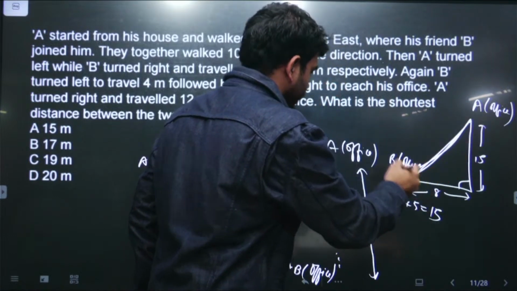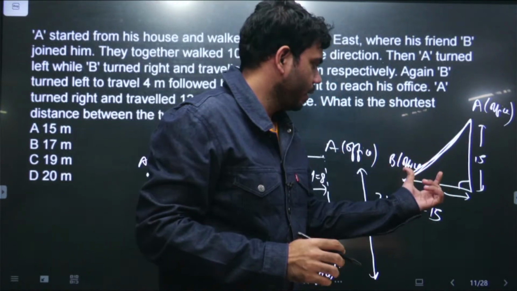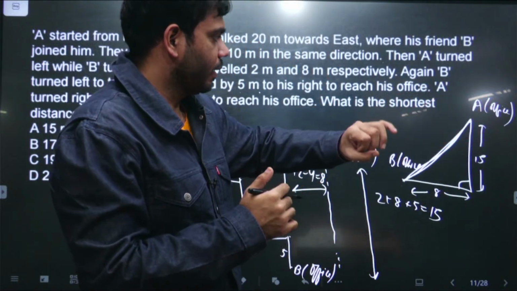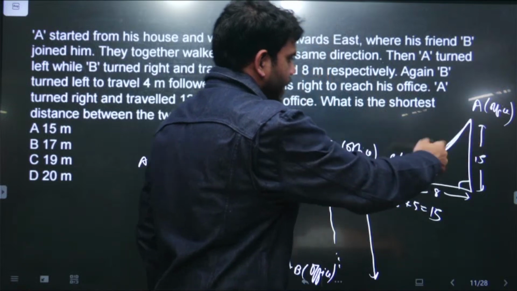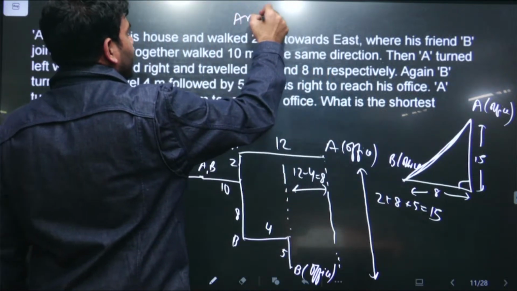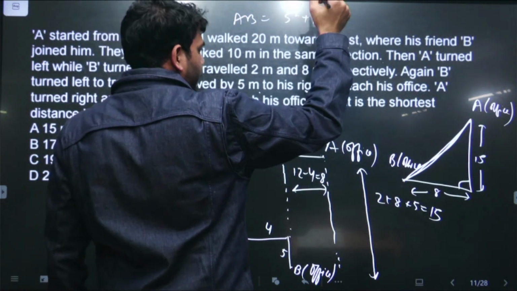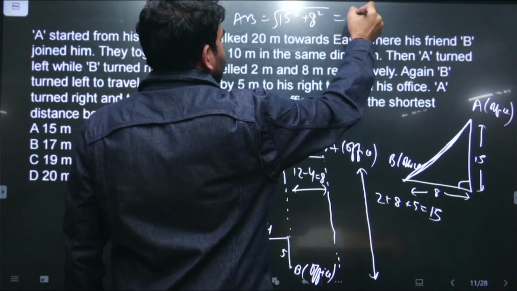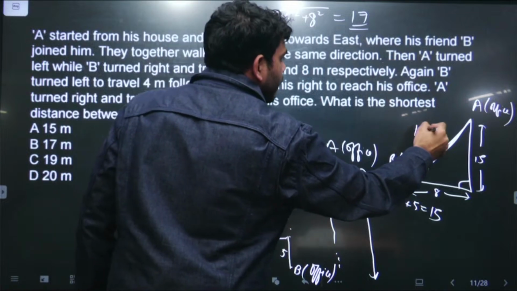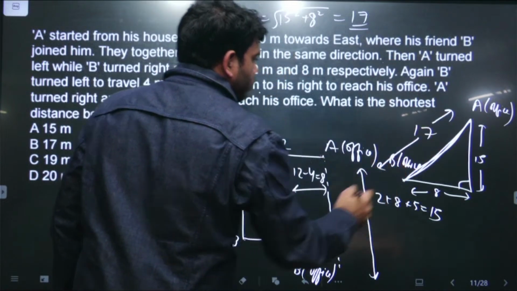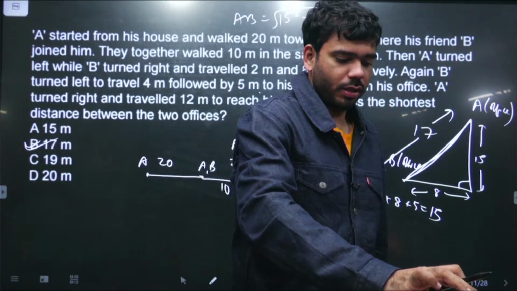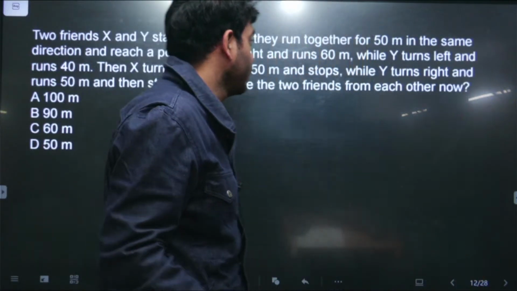Directly joining the straight line between this office of B and office of A. This will be the shortest distance between A and B. And by Pythagoras theorem, this length AB is coming out to be 15 square plus 8 square. This is 17. So this length AB is coming out to be 17. So the shortest distance between the two offices is 17. So here option number B is correct, right?